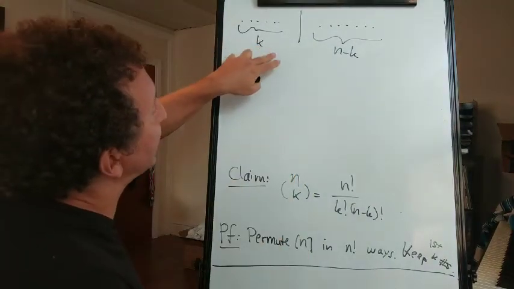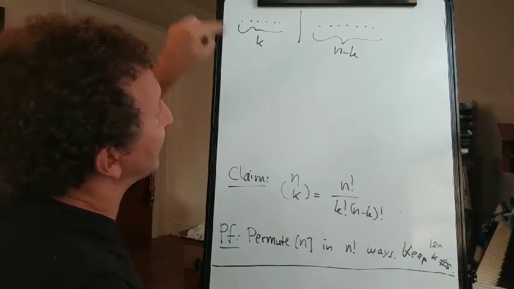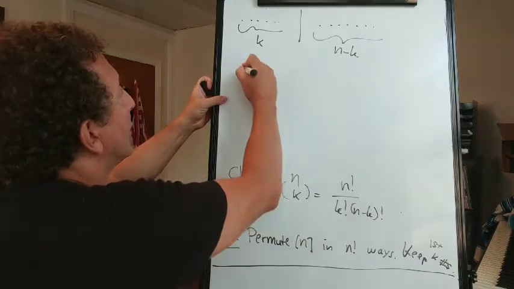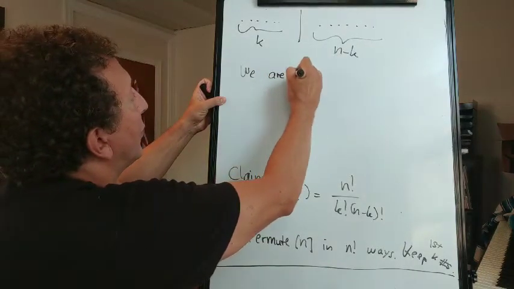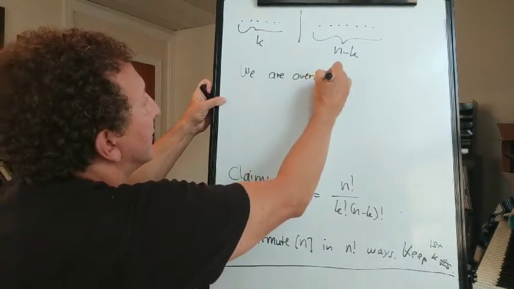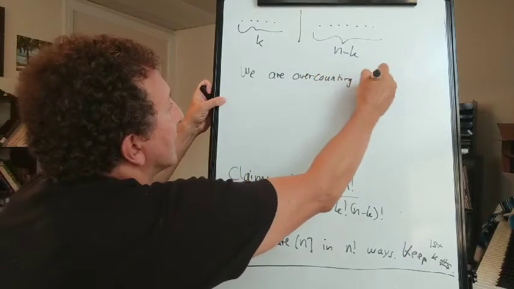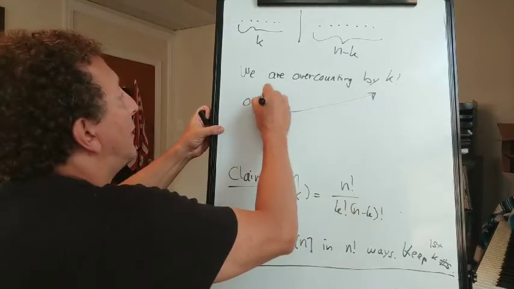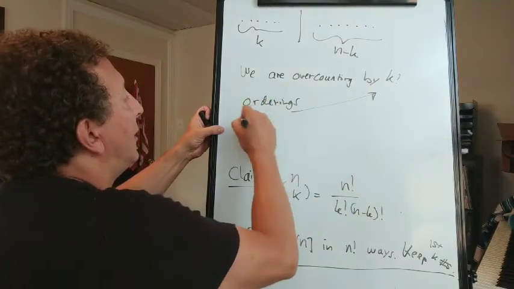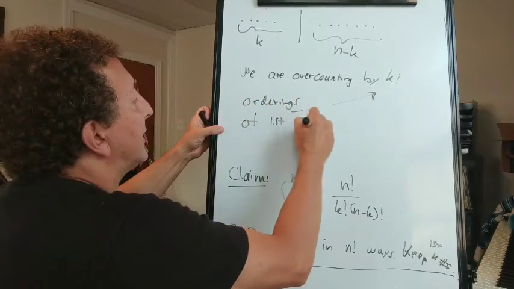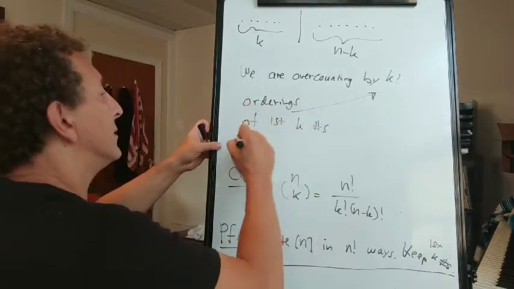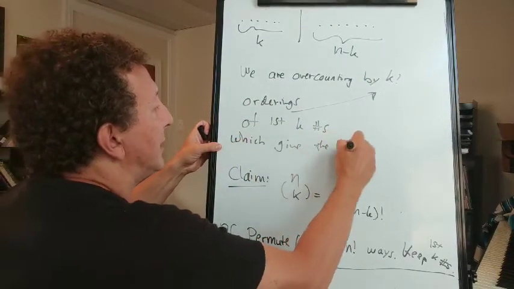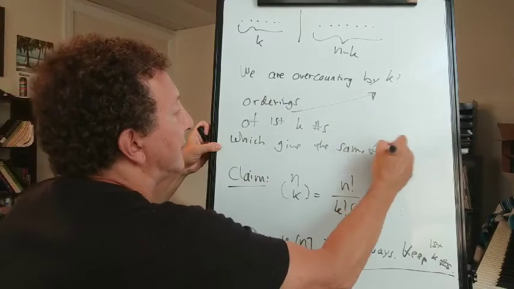Now, if these k numbers had appeared in a different order, we would get the same k element subset. So we are overcounting by k factorial orderings of the first k numbers, which give the same final set.